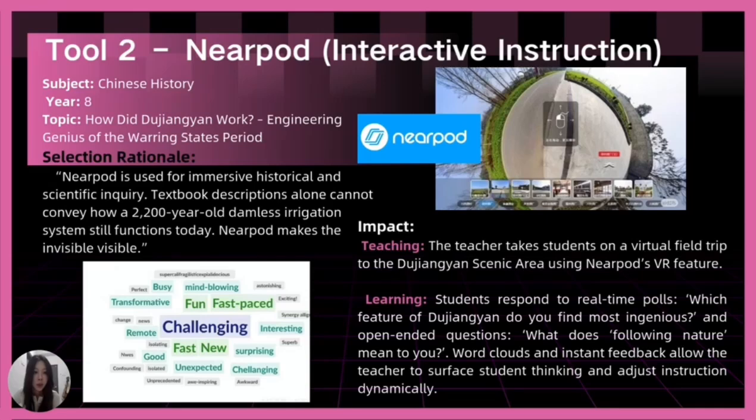Nearpod is used for immersive historical and scientific inquiry. Textbook descriptions alone cannot convey how a 2,200-year-old irrigation system still functions today. Nearpod makes the invisible visible.